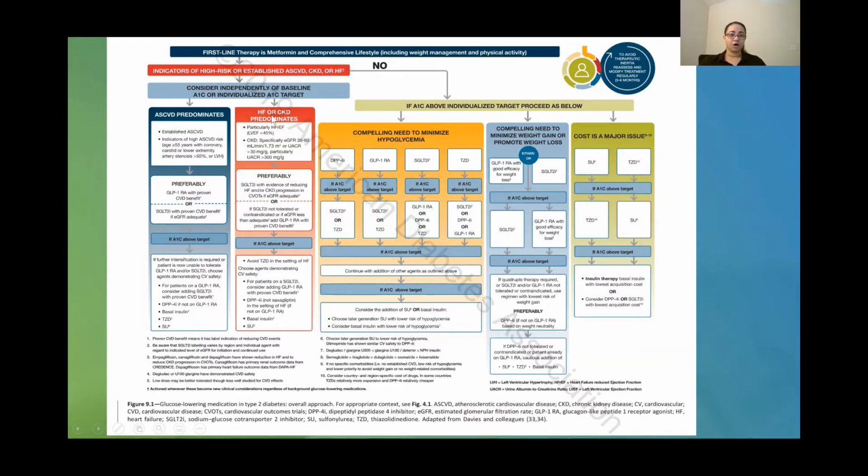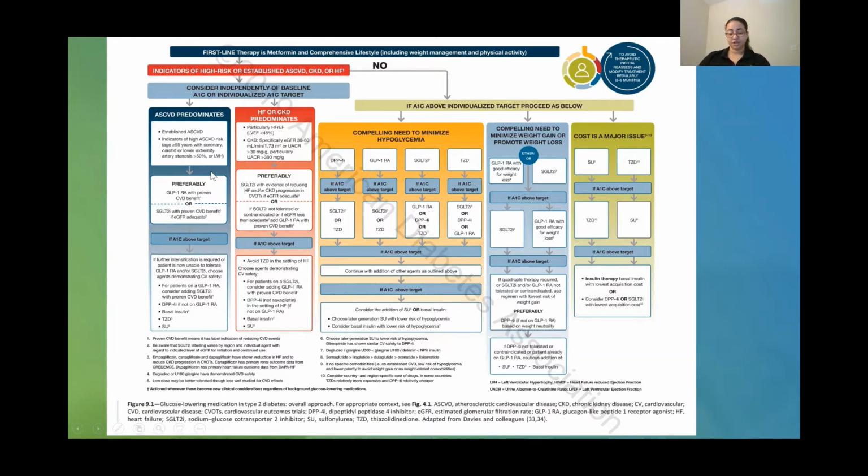For patients with heart failure or chronic kidney disease, we have the SGLT2s. They are preferred because they benefit in heart failure and chronic kidney disease. For those patients, we need to avoid the thiazolidinediones because they exacerbate heart failure.